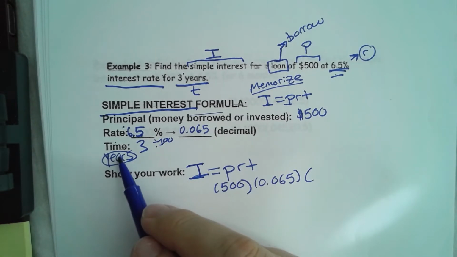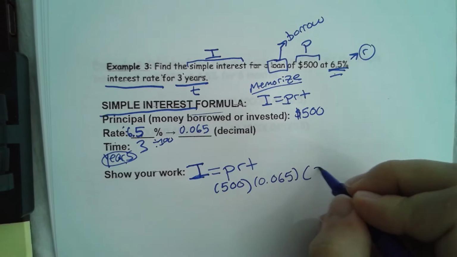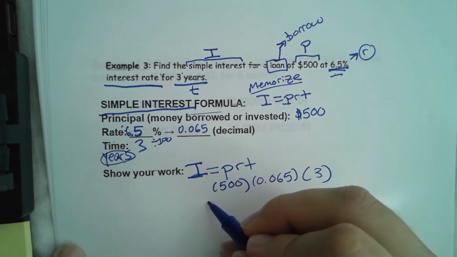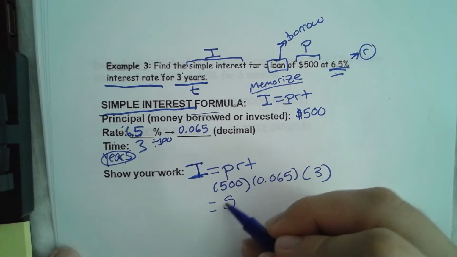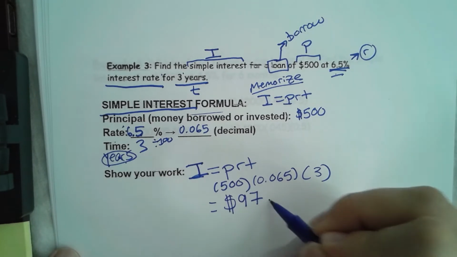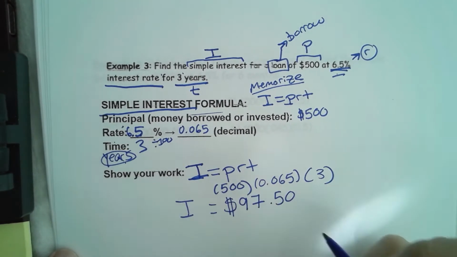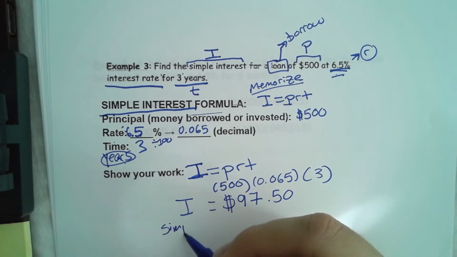And then time is 3 years. And when you get here, all this is multiplying. You just multiply 500 times 0.065 times 3. And the simple interest total is $97.05. Okay, so this right here is I, the simple interest.